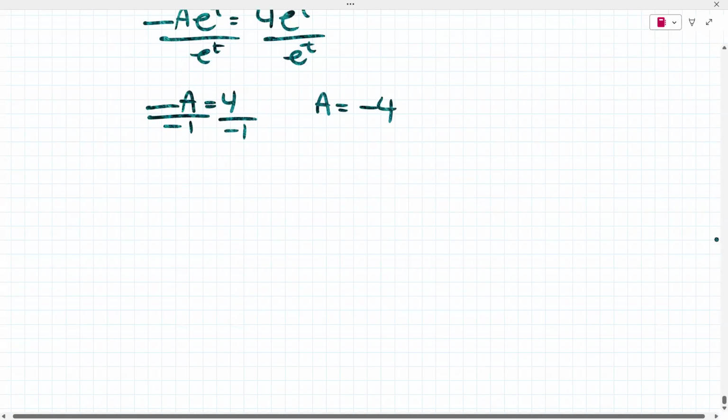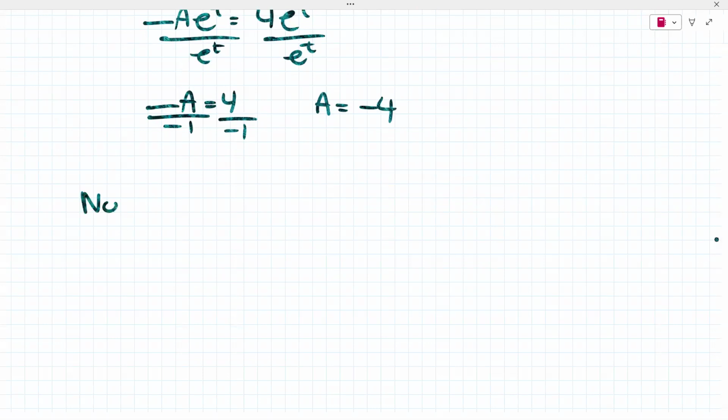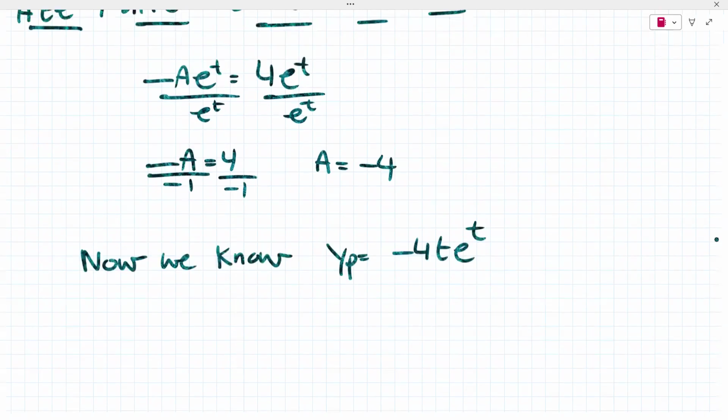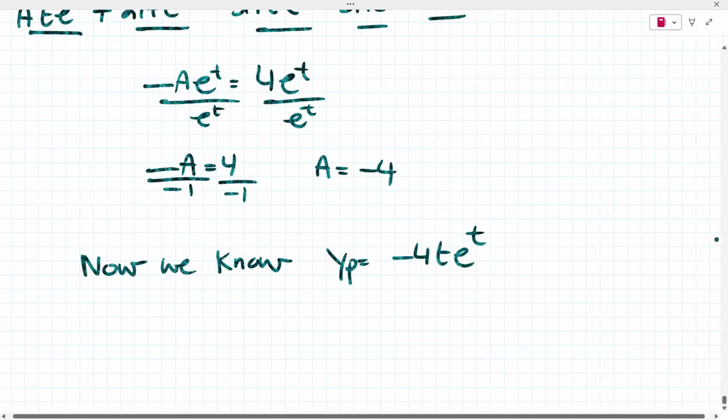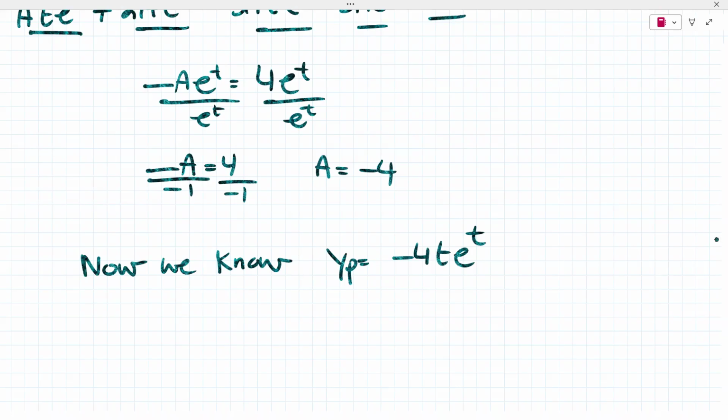Now we have yp. So now we know yp equals negative 4t e to the t. So step 4, find the general solution.